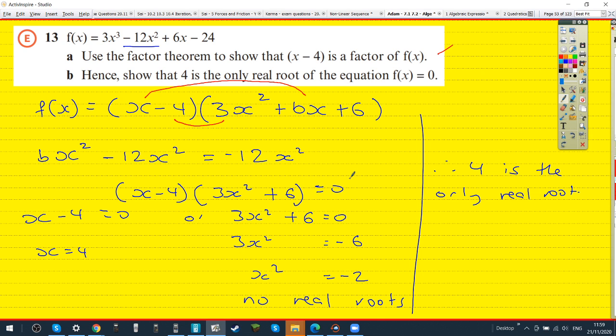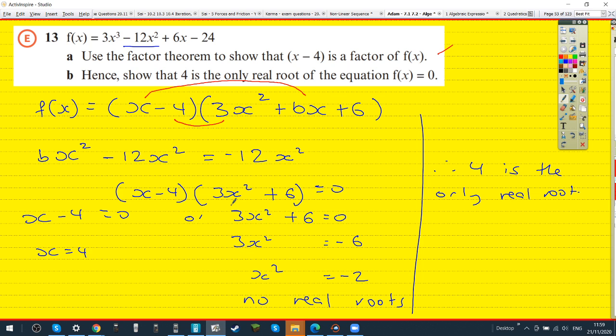How did we show that 4 was the only real root? We had to multiply it to work out what bx is. Basically, you have to factorize. So one bracket we know is x minus 4 because they tell us one of the factors is x minus 4.